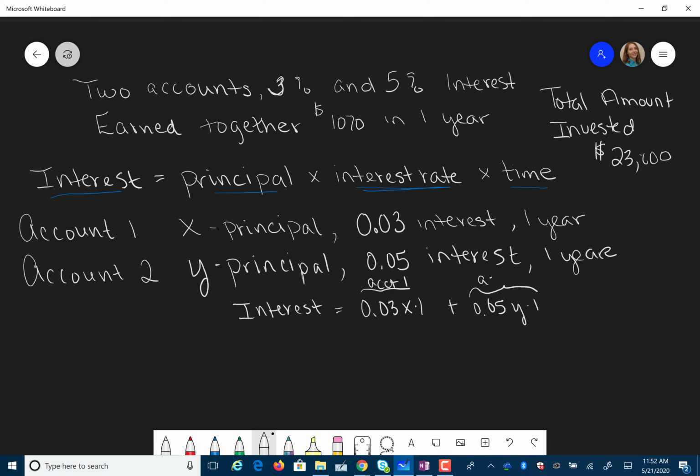So that's account 2. Okay, so we know that that amount is 1,070, so we'll have this problem right here. And I'm not going to write the ones because they don't really add anything to the problem. Okay, so that's part of what we need to know.